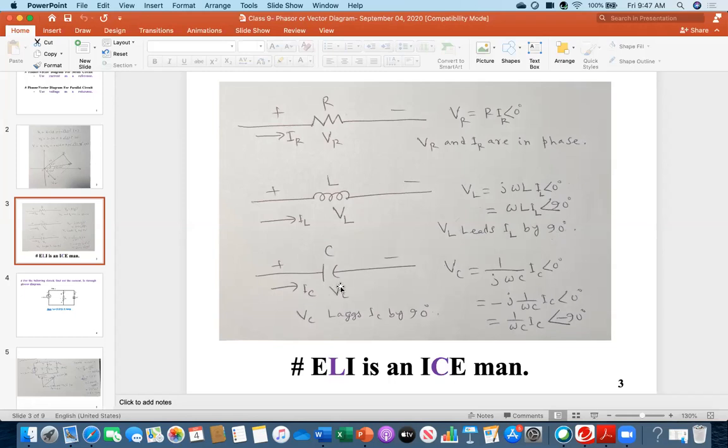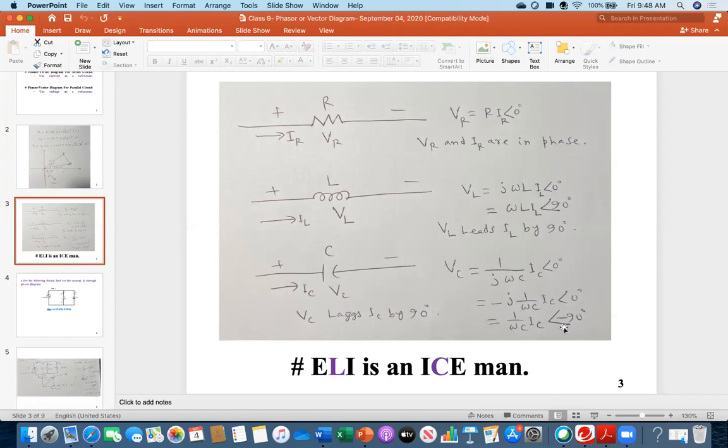Now come back to the capacitor. For the capacitor, this is voltage VC, then this is IC. What I have written from the phasor is VC equals 1 over j omega C times IC angle 0 degree. Then I have taken j in the numerator, so it becomes minus j 1 over omega C times IC angle 0. This was in rectangular format, because there is j. Because there was minus j, it means minus 90 degree.